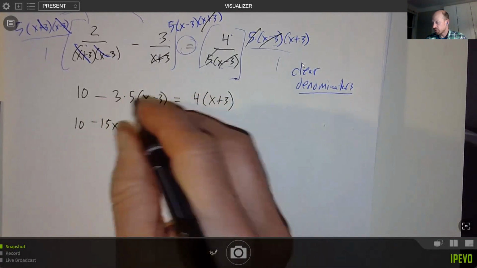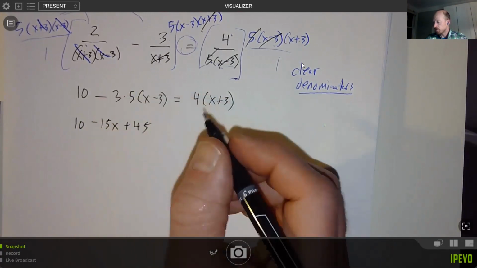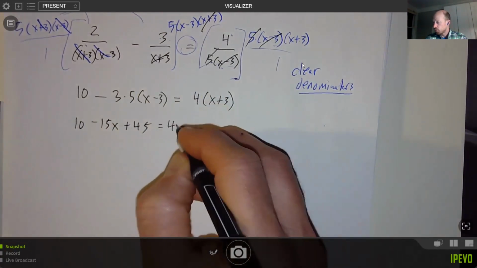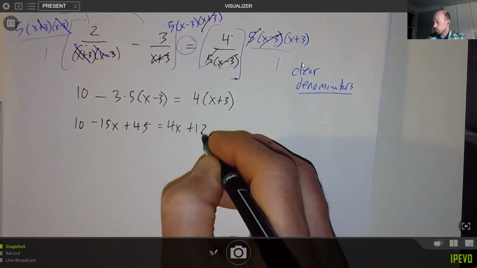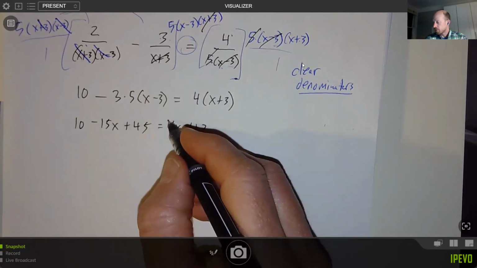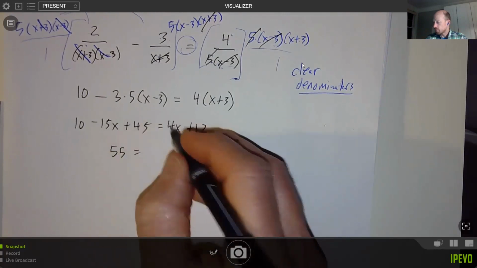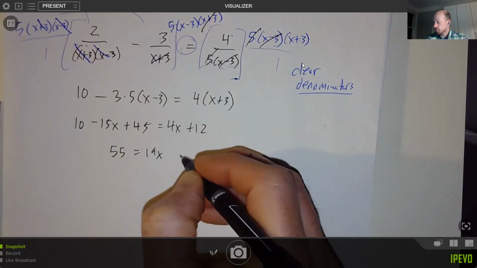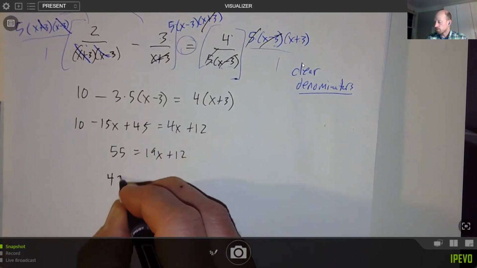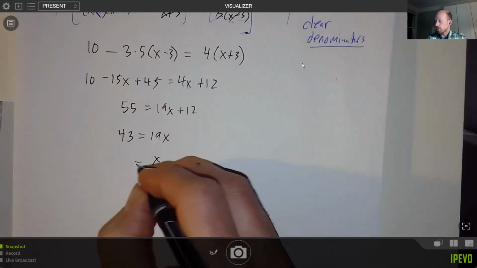That's minus 15x plus 45 minus 15 times minus 3 equals 4x plus 12. If I add that over, 55 equals 19x plus 12. Subtract the 12. Divide by 19.